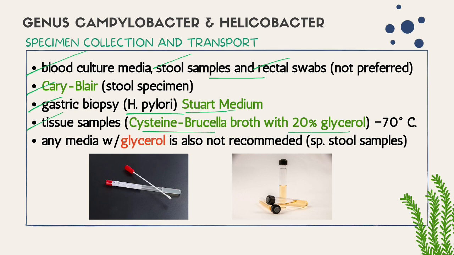Normally, glycerol is toxic to enteric pathogen, but if the particular sample came from tissue, such as gastric biopsy, we can use the cystine brucella broth with 20% glycerol and can be stored at frozen temperature as much as negative 70 degrees. Again, glycerol is not recommended, especially for stool sample, because this is toxic to the Vibrio, to the enteric pathogen.